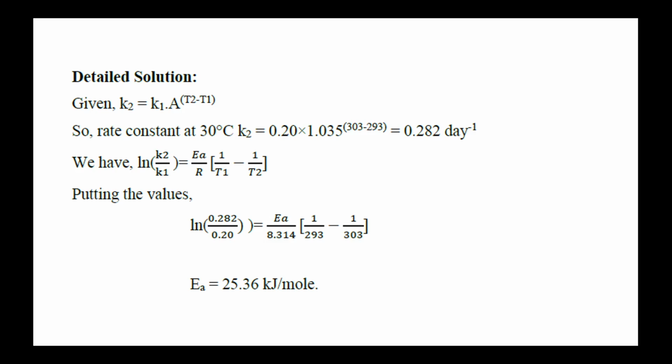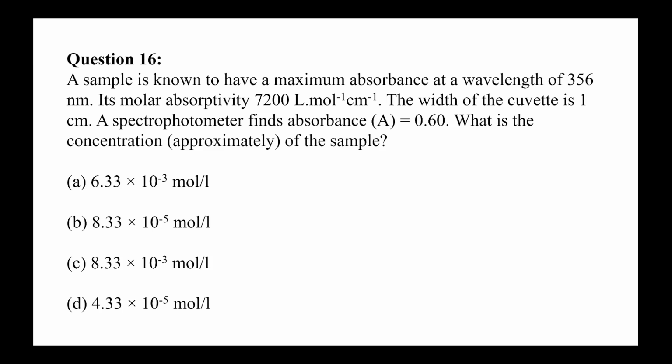Okay, just check your calculation. The formula that has to be used is this, and you can just confirm your calculation. There must be some calculation error. That's why you might be getting the values wrong.